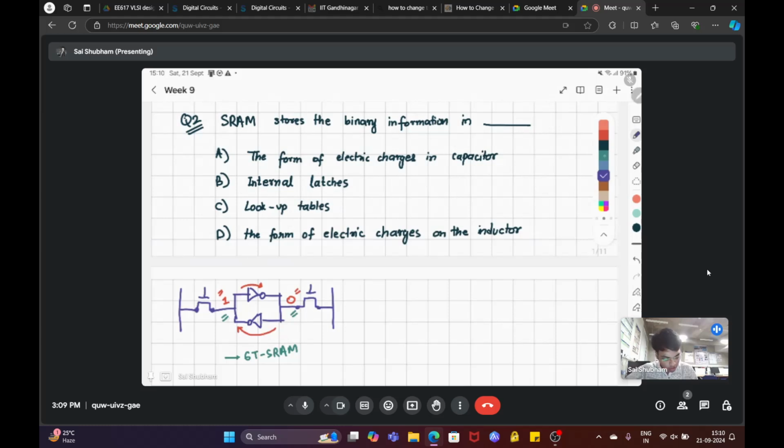If you want to store 0, then it will be 0 and 1. You cannot store two different data at the same time, so this stores 1 bit of data. Now the question is, stores binary information in the form of, so definitely it stores in the form of internal latches. This is the latch configuration.